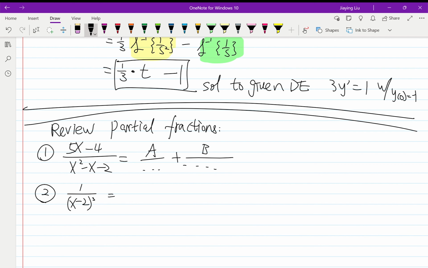This is a linear factor in the denominator, but it has a power of 3. So we should be able to decompose this into 3 partial fractions: A over x minus 2 plus B over (x minus 2) squared plus C over (x minus 2) cubed.